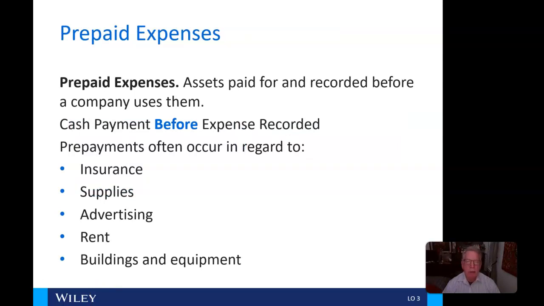Prepaid expenses are assets paid for and recorded before the company uses them. The cash payment before an expense is recorded. Prepayments often involve, as I mentioned, insurance expense and rent expense. Those are the big ones, but we also have some others.